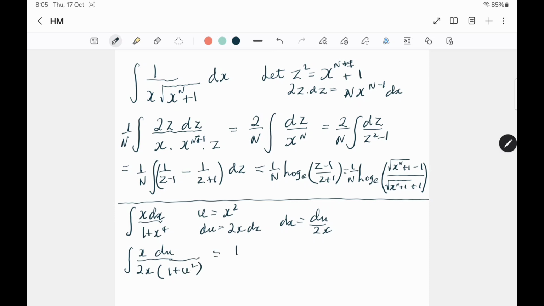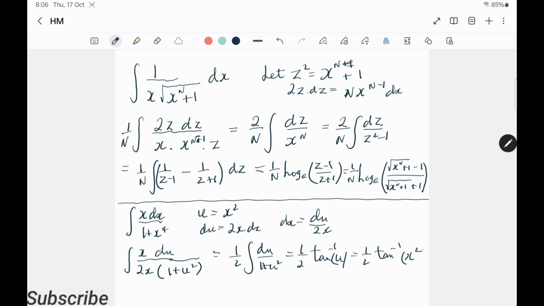And that is 1/2 du over 1 plus u squared, which is 1/2 of inverse tan u, which is then 1/2 inverse tan of x squared. That completes the second of those.